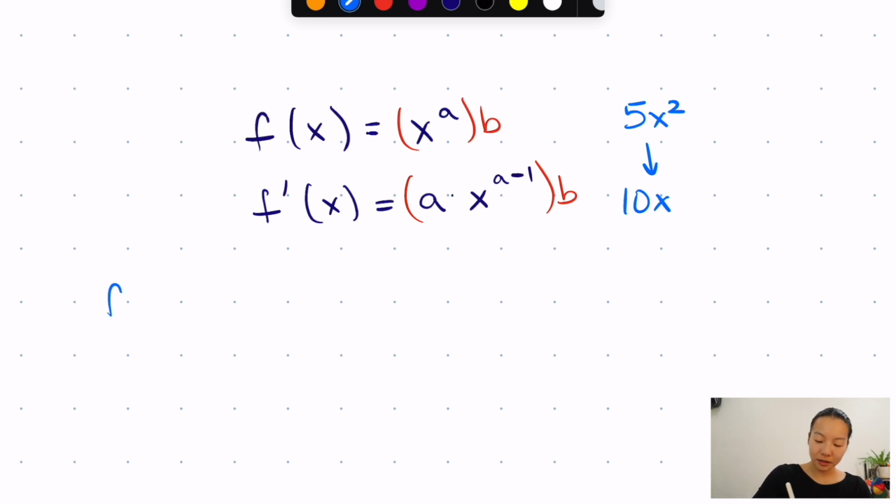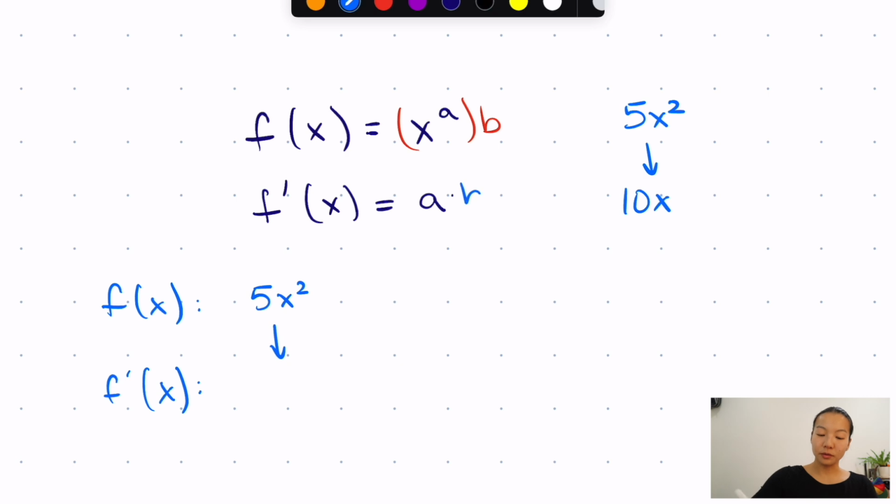I'll have f of x up here and then the corresponding f prime of x below that. So we just said 5x squared. Using this formula, which I'm going to rewrite here, a times b times x to the a minus 1 power, well, what is a? A is 2, b is 5, so a times b is 10, x to the 2 minus 1, so that's just the first power, so it's just itself.